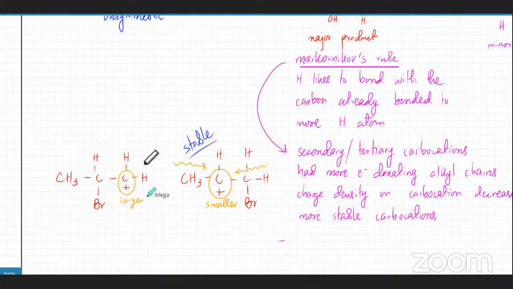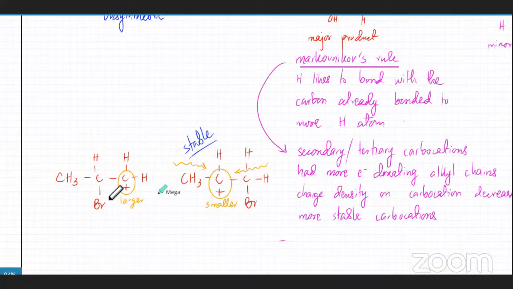If the charge is big, this positive charge will not allow the bromine to take the electrons in the first place. It's going to pull that electron back and attract that electron strongly. So it won't allow the bromine to actually steal those electrons, and it will hold on to its electrons.